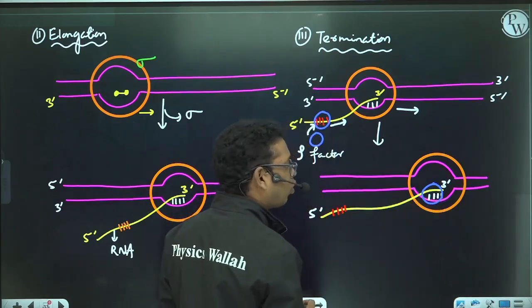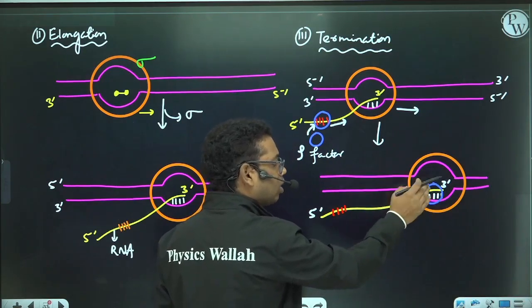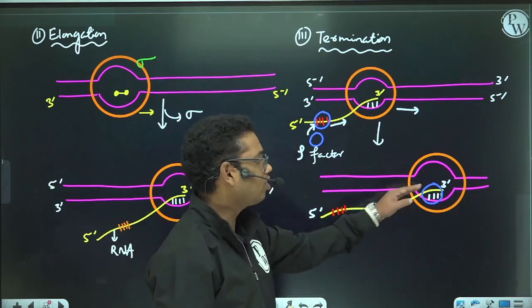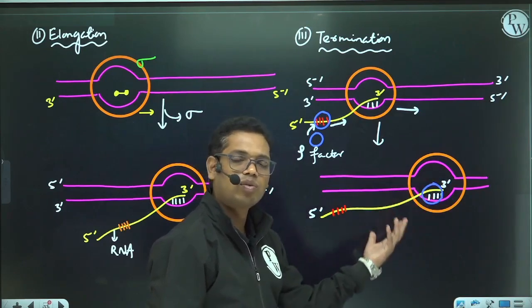So when the hydrogen bonds break, the RNA gets separated from the template strand, and the transcription will stop.